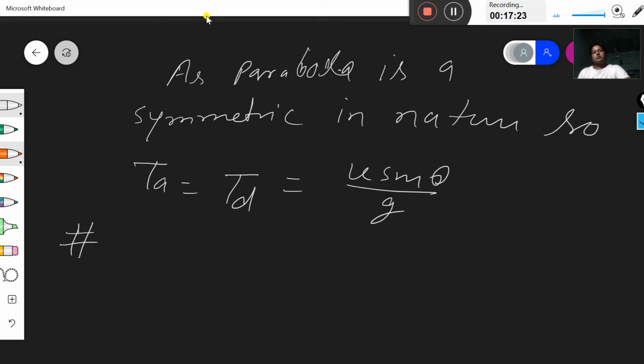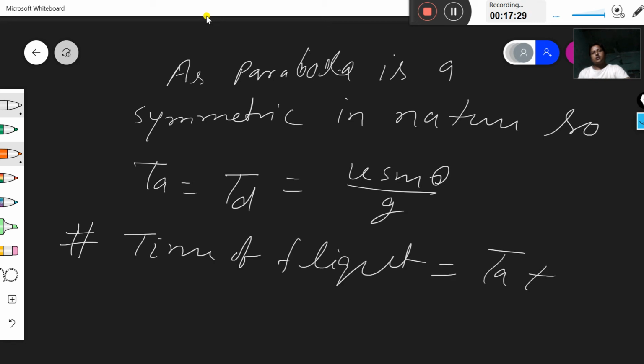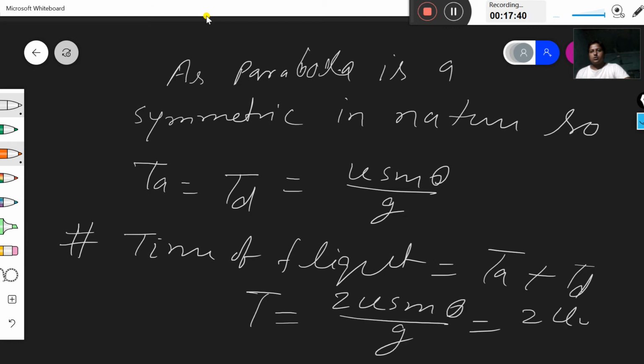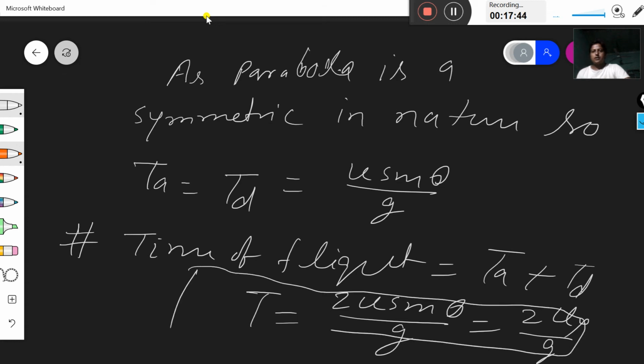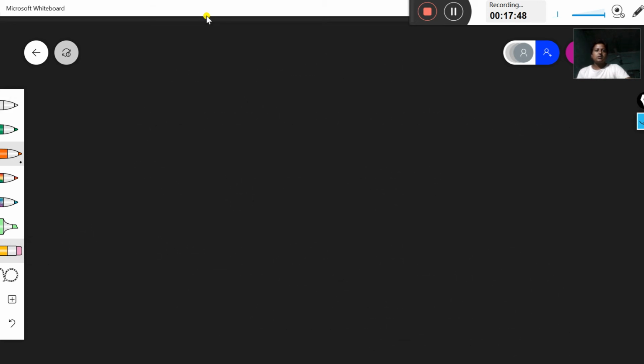And what about time of flight? Time of flight is nothing but Ta plus Td, ascending plus descending. So time of flight comes out to be 2u sin theta over g, or 2 uy over g. This is the time of flight.